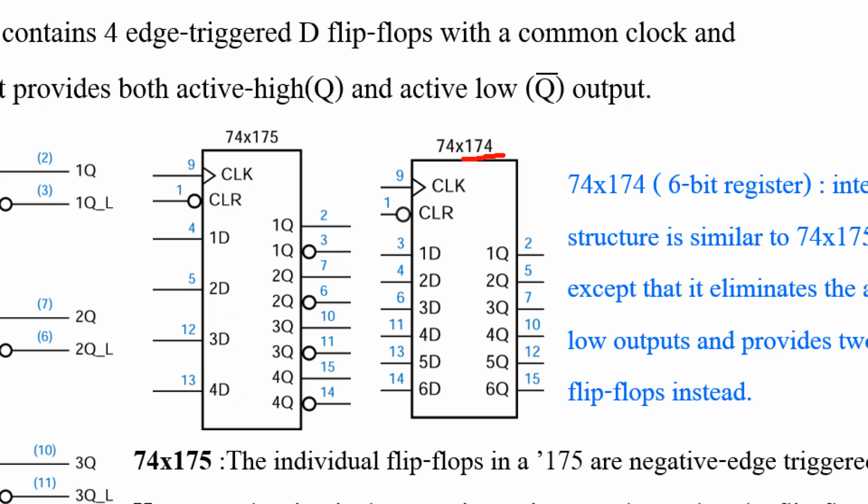And for IC number 174, there is no active low output, only active high. So inside, you can use up to 6 bit of data stored in this IC. It contains 6 D flip-flops inside.